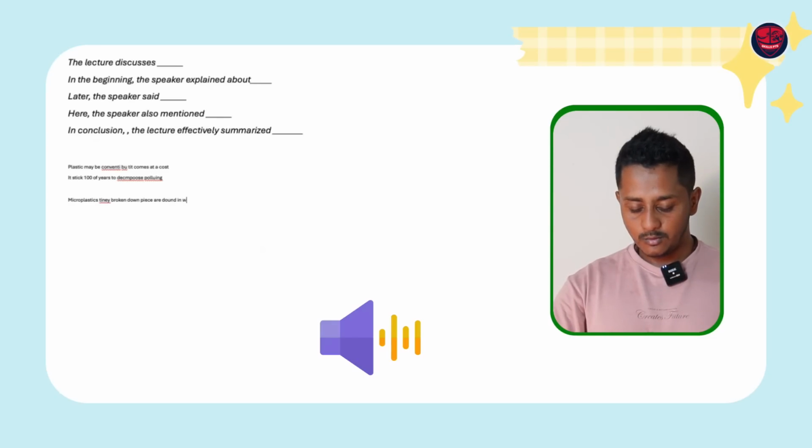These particles can harm our health by causing inflammation, hormonal issues, and even affecting brain and heart function. Plastic burning releases toxic fumes. Plastic dumping destroys ecosystems. We need to reduce single-use plastic, switch to eco-friendly options, and recycle wisely. Protecting the planet starts with everyday choices. Say no to plastic when you can.